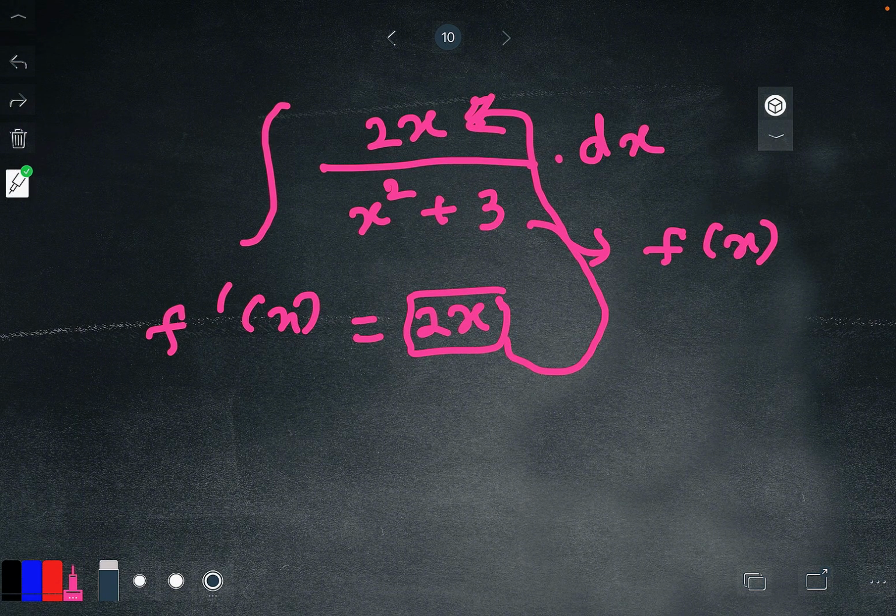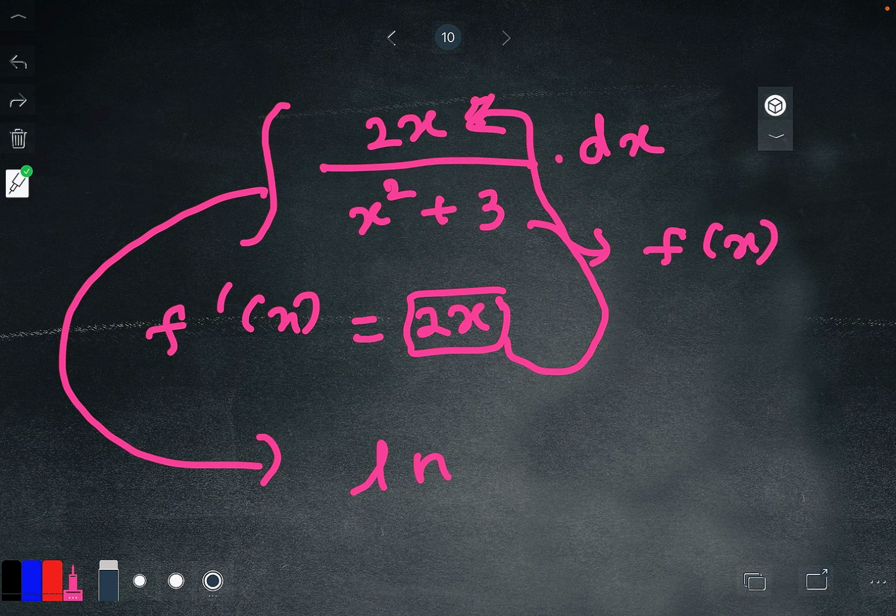So I can write the answer: the integral of 2x over x square plus 3 is ln modulus x square plus 3 plus c. Whatever the x value, the modulus makes it positive. So our final answer is ln modulus of x square plus 3 plus c.